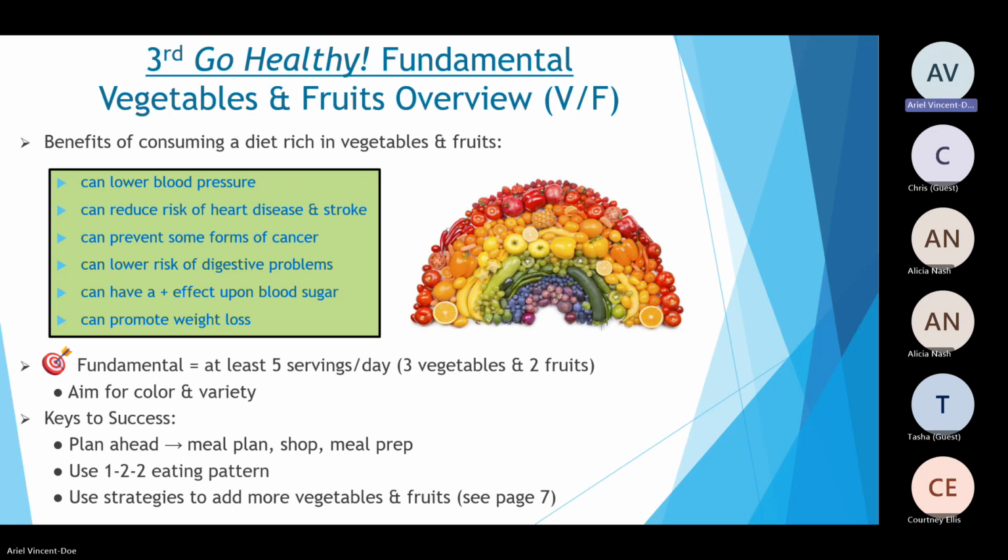So the goal is to have at least 5 servings a day of fruits and vegetables. You want to do 3 vegetables and 2 fruits. You want to aim for color and variety.